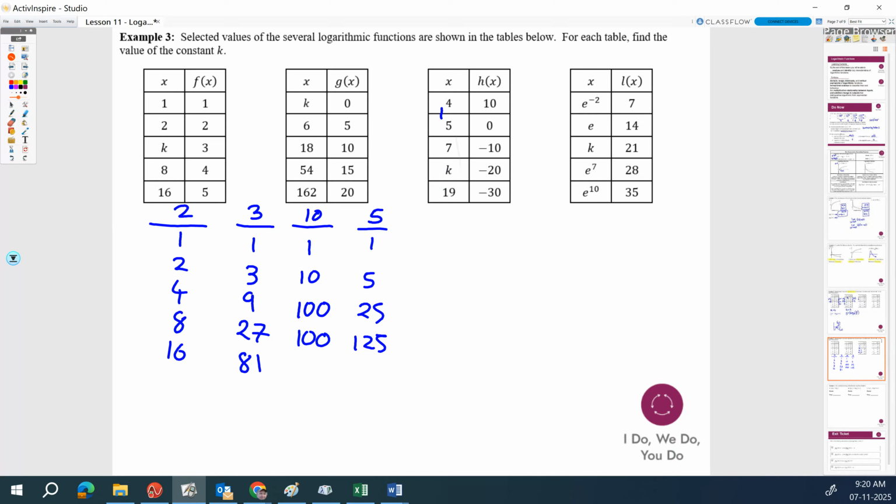Minus 3. So we want x minus 3. That will give us 1, 2, 4, and 16. So in our progression, this should be 8. So what is k? 11. k equals 11.